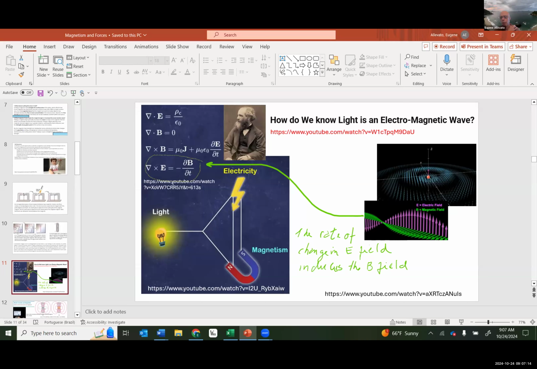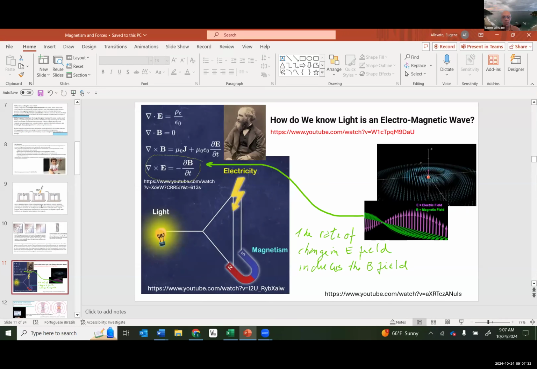The cross product, the vectorial product, of the position vector times the force is the torque, and that is a perpendicular vector, right?